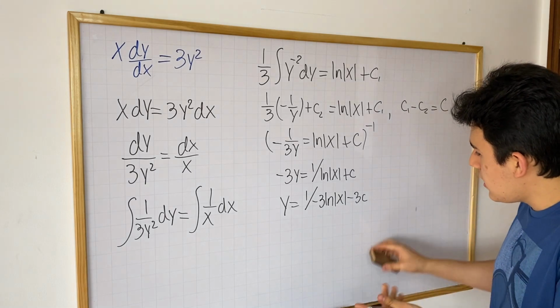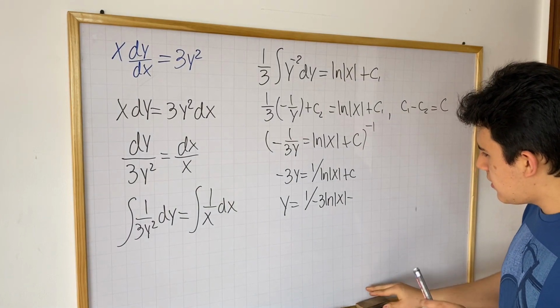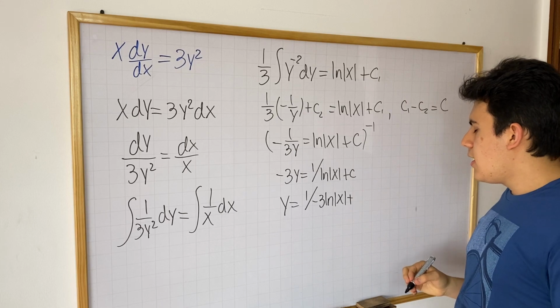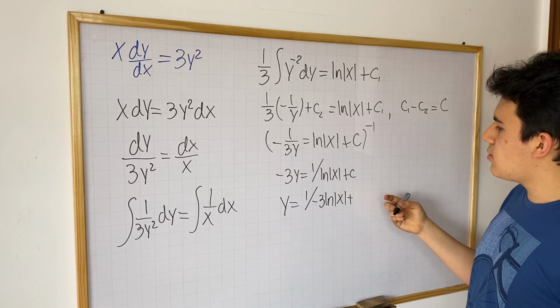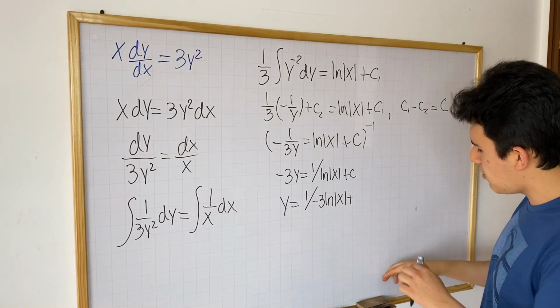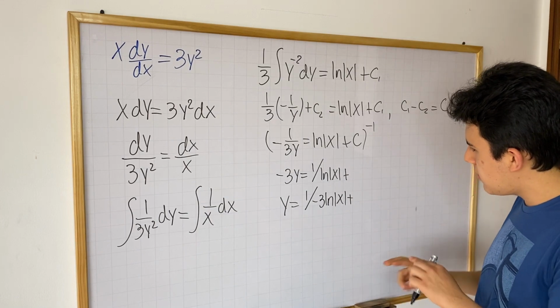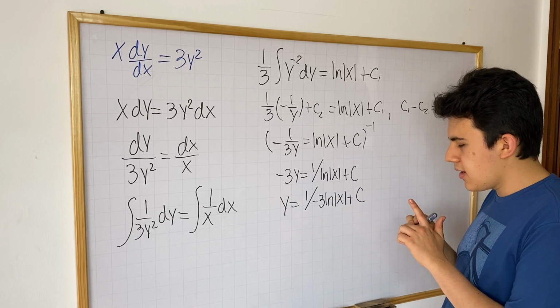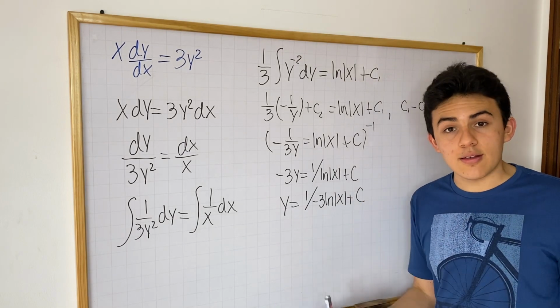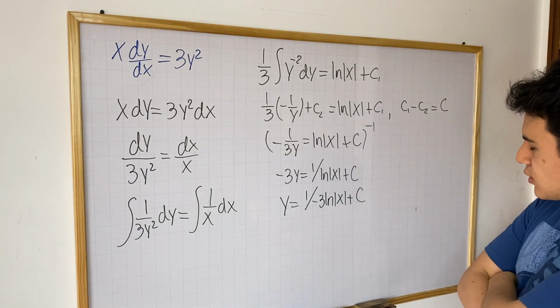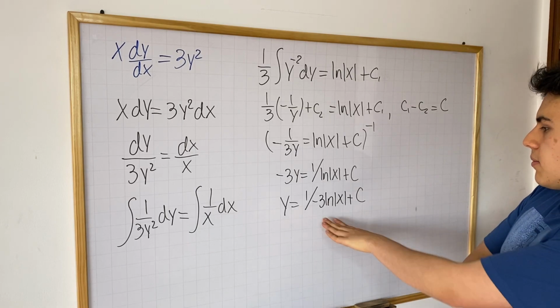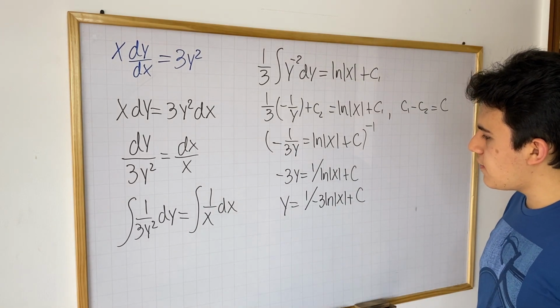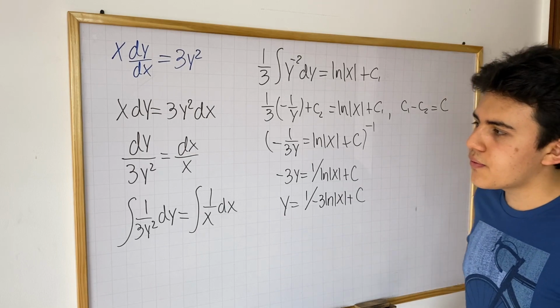So really, what I should do here is just say that this is going to be plus. I should stop using c because I don't think you can differentiate between my capital C and my small c. So let me do big C, and this is once again big C. Big C's can be any constant, okay? That's the idea that you need to understand. So this is going to be the solution that we are looking for.